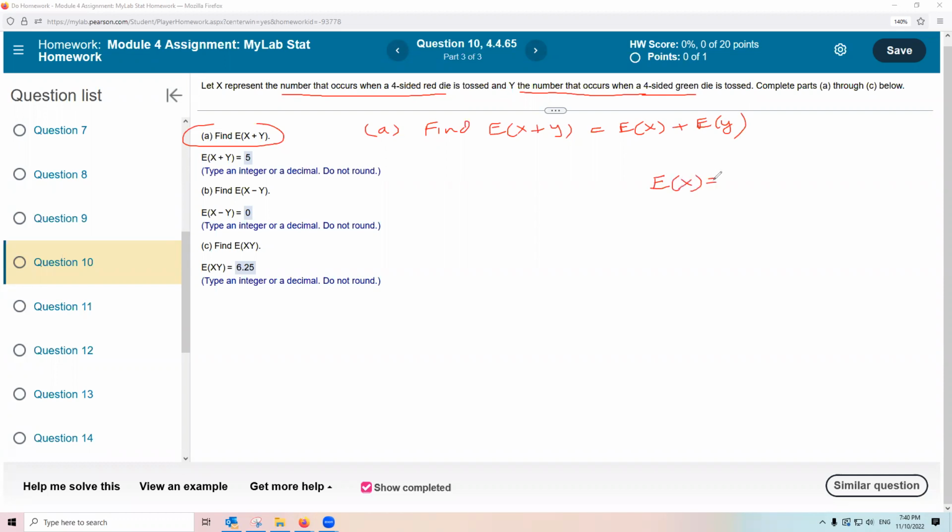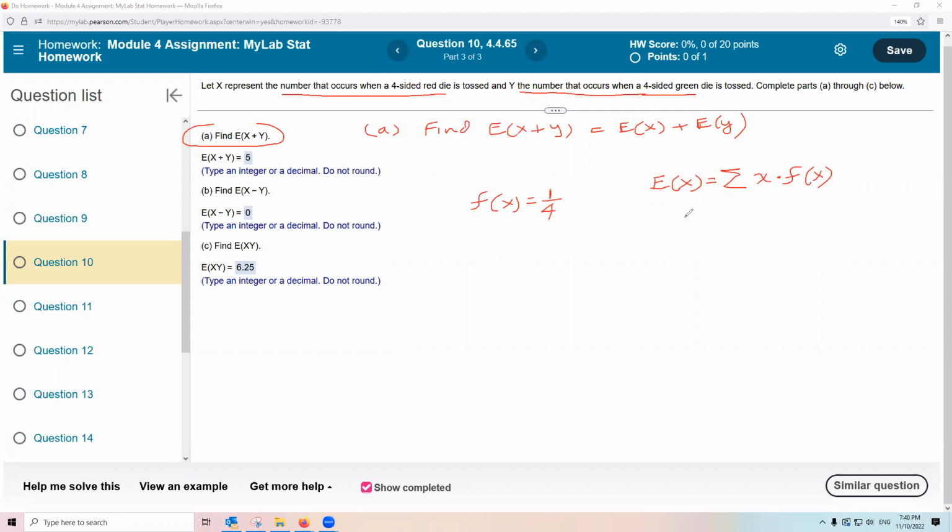Well, this is a discrete distribution, right? Because X can only take on the value 1, 2, 3, or 4. So this is going to be the sum of x times f of x. Well, f of x really is just going to be 1 over 4, right? Because the probability of getting any particular value of X is 1 over 4.